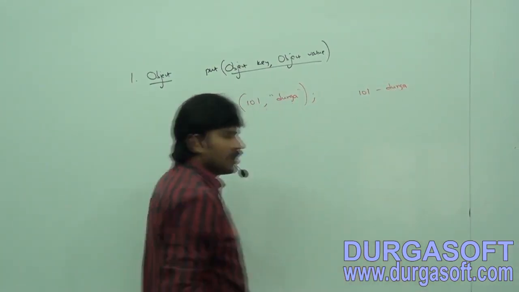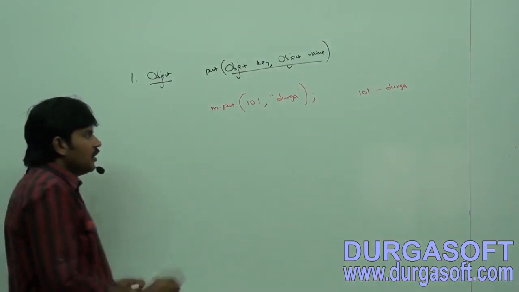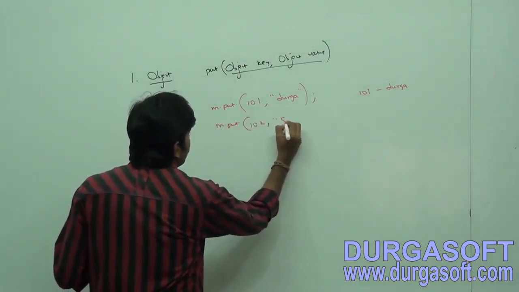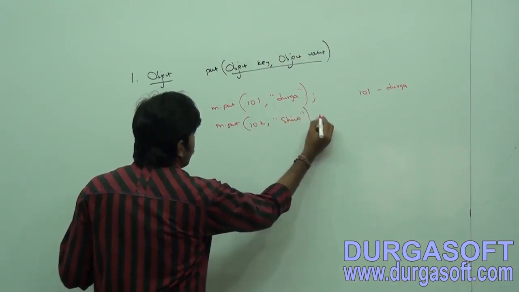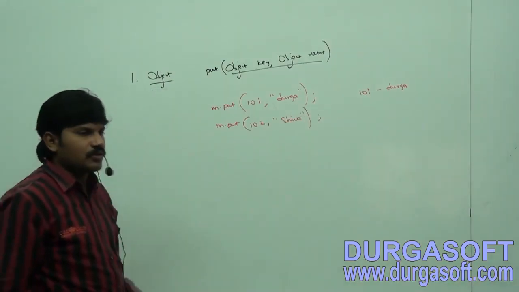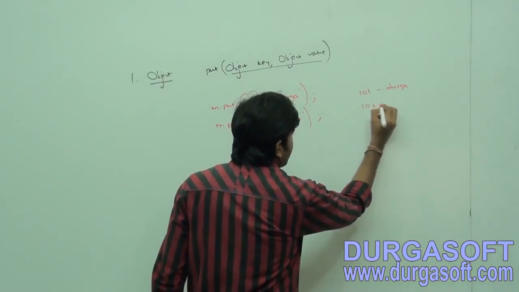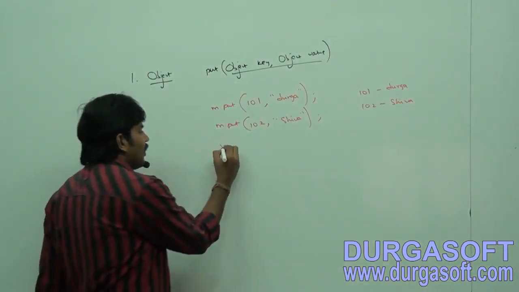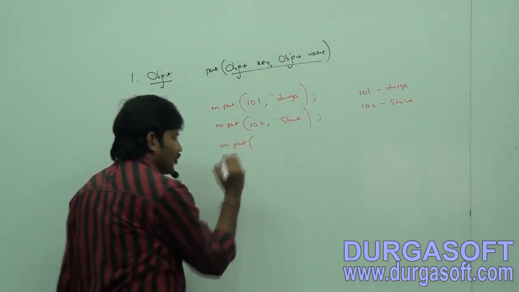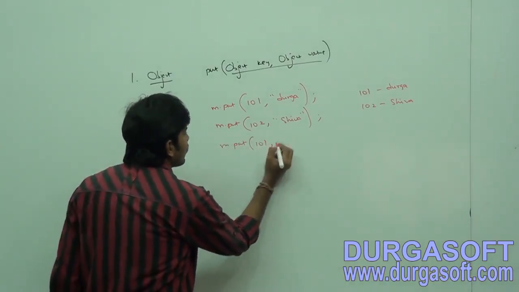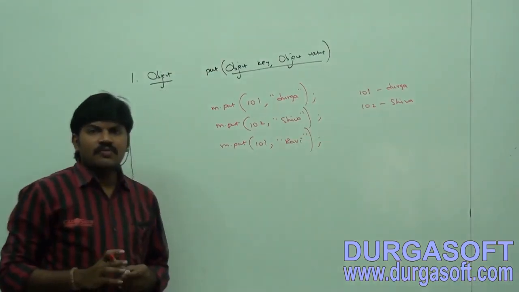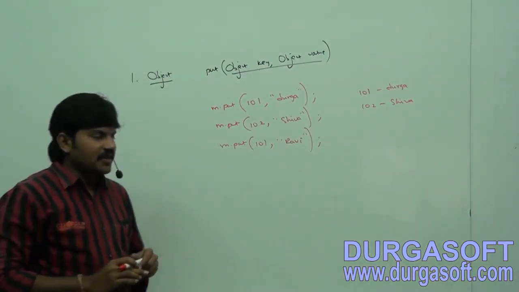Now m.put(102, Shiva). No problem at all. 102 Shiva added, right? Second entry also added. Next, observe a bit carefully, m.put(101, Ravi) I am adding.